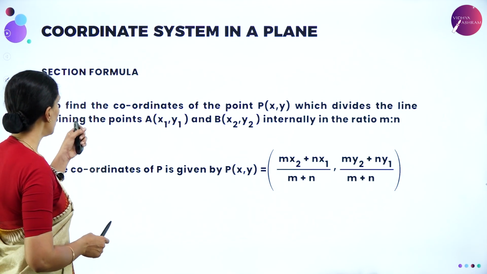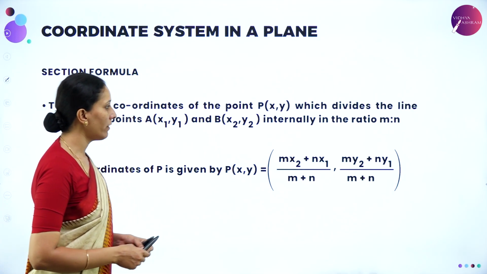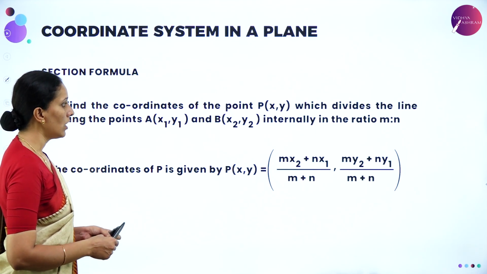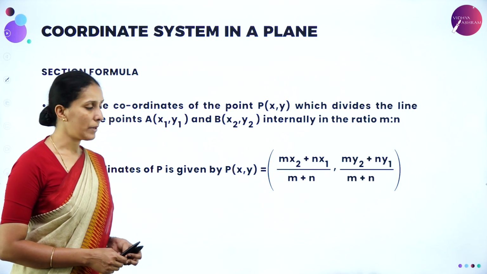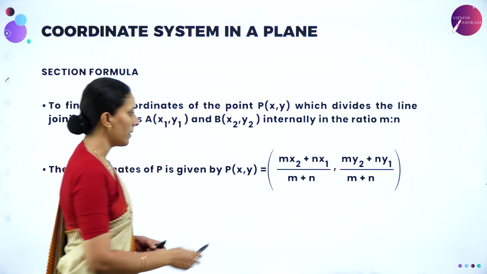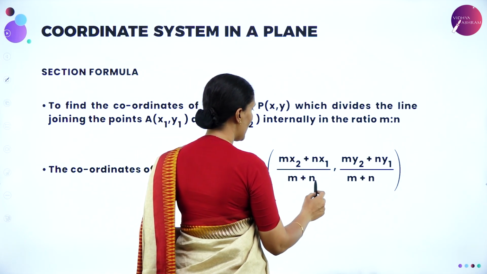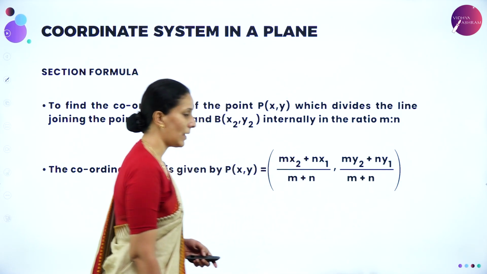The coordinates of a point can be found using the section formula. So to find the coordinates of the point P (x, y), which divides the line segment joining A (x1, y1) and B (x2, y2) internally in the ratio m is to n, the coordinates of point P are given by (m x2 plus n x1) divided by (m plus n), (m y2 plus n y1) divided by (m plus n).